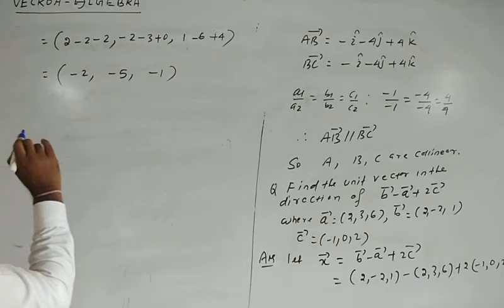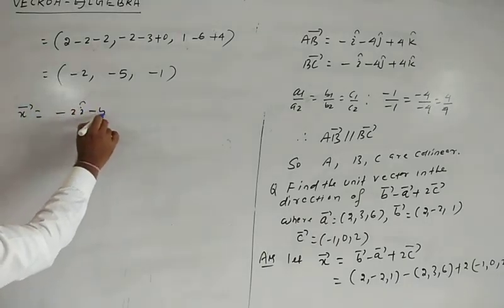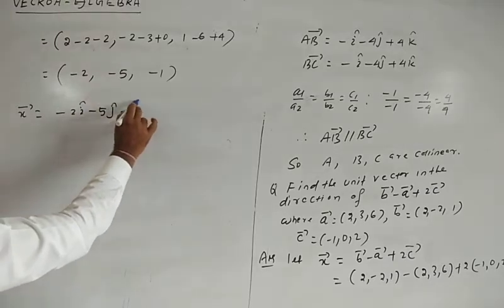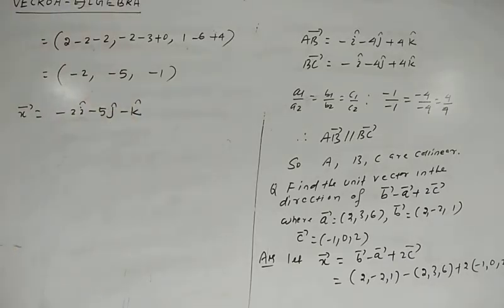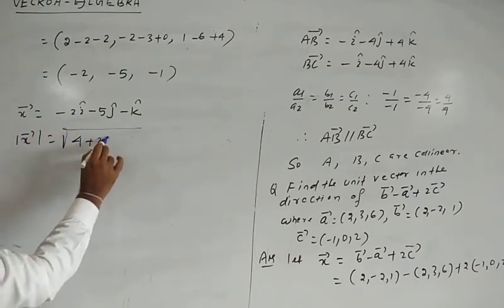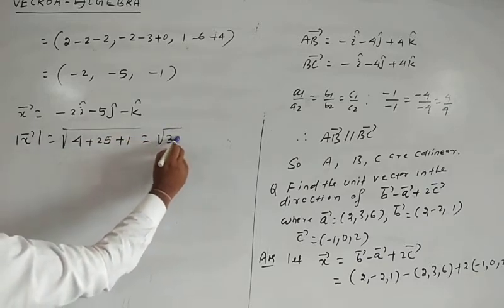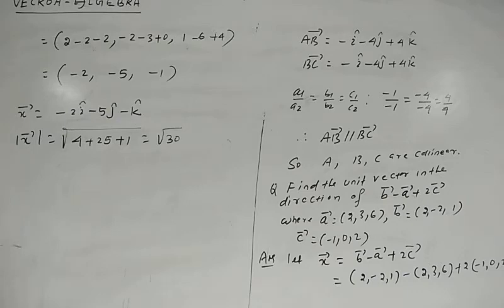So x vector is equal to minus 2i cap minus 5j cap minus k cap. So for the unit vector, what is the magnitude of x vector? Root over 4 plus 25 plus 1, so this is equal to root 30.